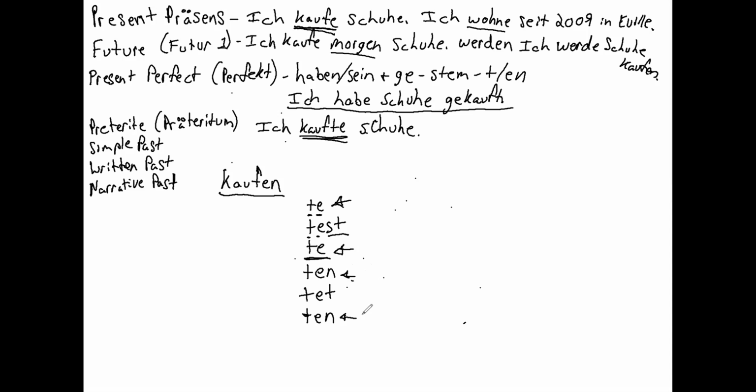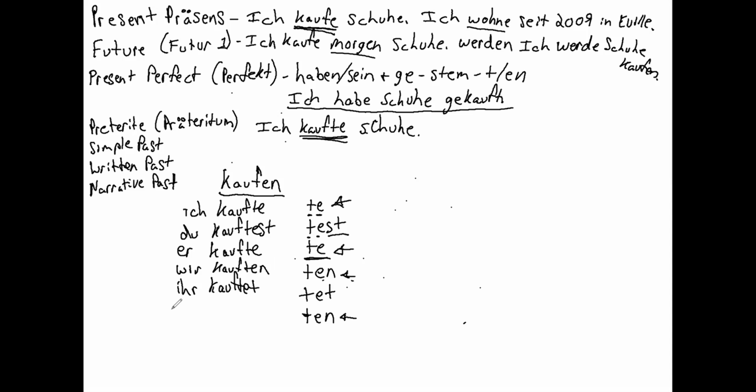So all of that works out so that we could say something like ich kaufte, du kauftest, er, sie, es kaufte, wir kauften, ihr kauftet, sie kauften.